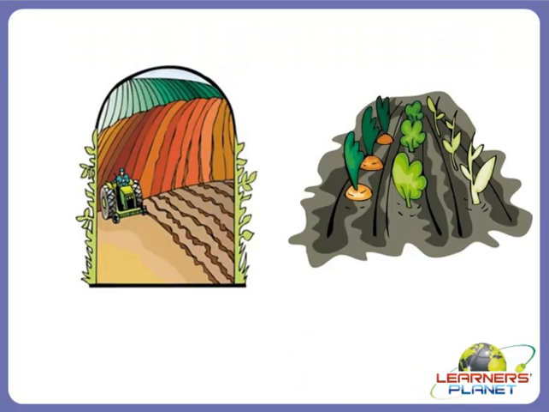So children, there are different colors of soil. In India, there are different soil colors in different regions. For example, red soil and black soil. So there are different kinds of soil having different colors.